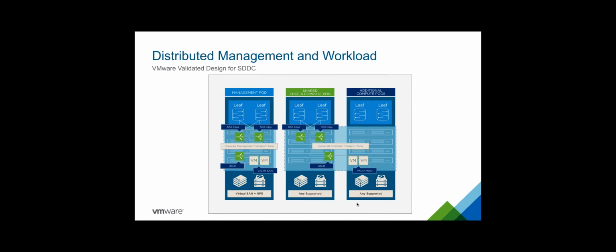So the workloads running inside the management pod, many of those workloads like the vRealize suite, vRealize Automation, vRealize Business for Cloud, vROps, Log Insight, they actually sit on top of NSX logical switches or virtual wires, and they get their upstream access through NSX edges that are peered to those leaf switches, which are peered out to the border gateways and such. We'll talk more about that later. I'll use universal distributed logical routers.